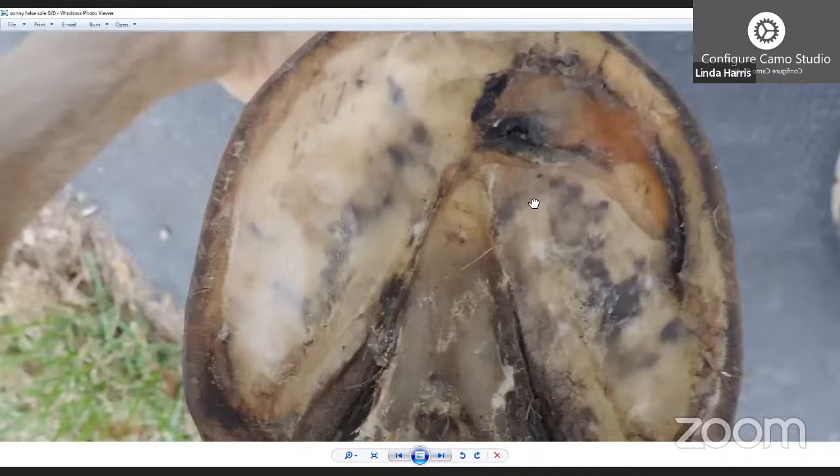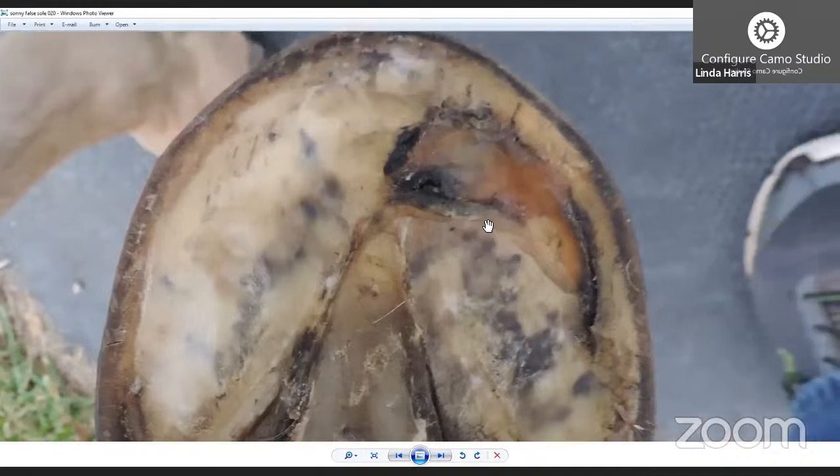When I say dirt line, you see this here? You see how this is similar to your horse? Right there, that was sole, and there was actually more that came out like in here. What happened is that the sole got stretched and pulled away from the toe, and so it became an abscess.